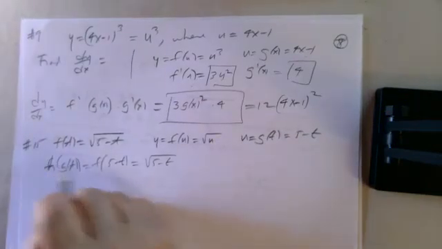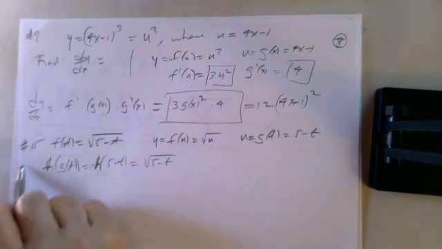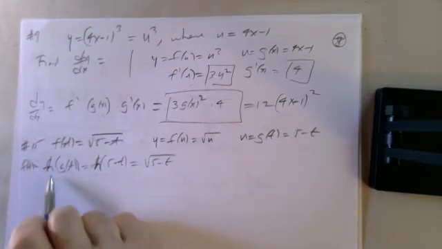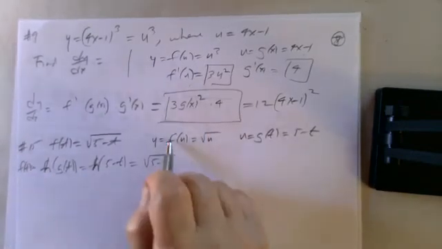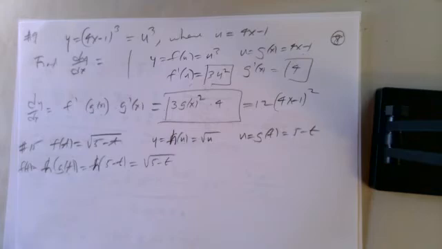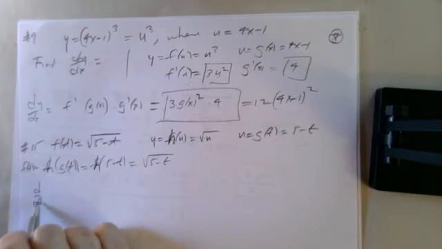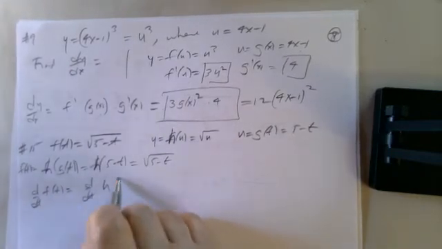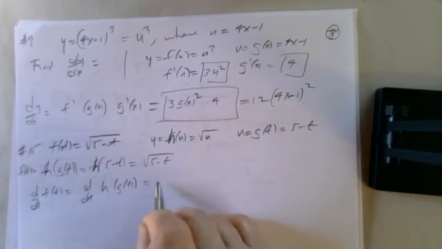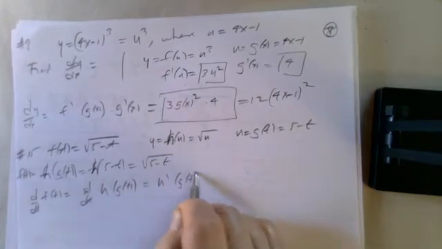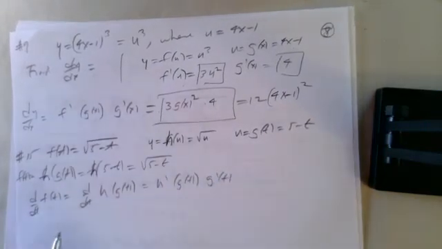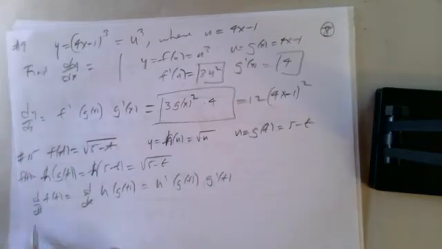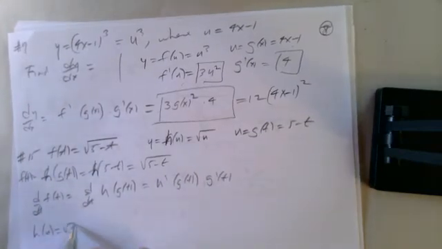Maybe I'll call this h so it doesn't get confused with this. So f of t is this function h. h of u is the square root of u, and u is g of t. So with this choice of letters, the derivative of f of t is the derivative of h of g of t. That's h prime of g of t, times g prime of t. Now, h of u equals the square root of u.